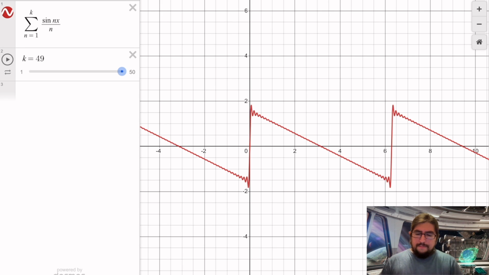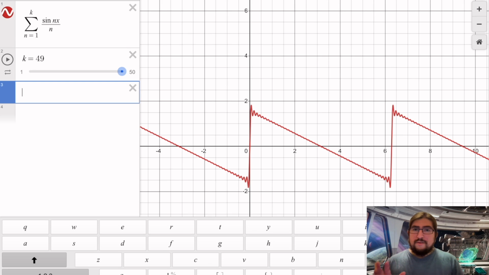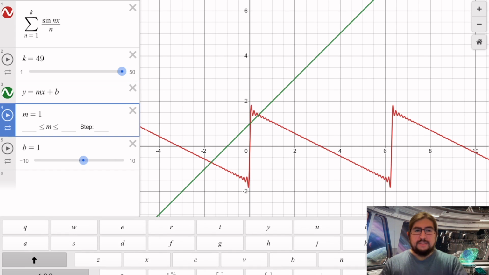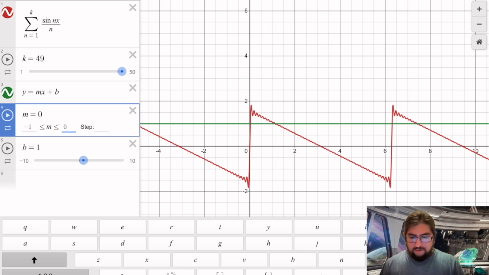Now, I don't want to give it away necessarily, but I will say that if you were to create a line y is equal to mx plus b, let me write that here. You can actually toggle m and b, and you'll find out that m is negative, excuse me. So let's let it go between -1 and 0, just to get an idea of what it looks like.